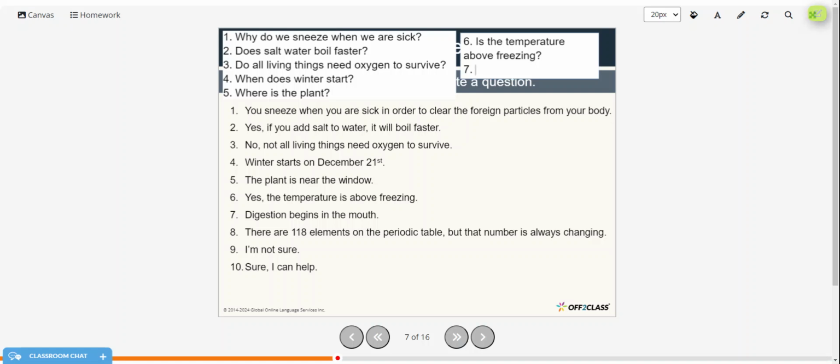Digestion begins in the mouth. So where does digestion begin? There are 118 elements in the periodic table, but that number is always changing. So how many elements are there on the periodic table?